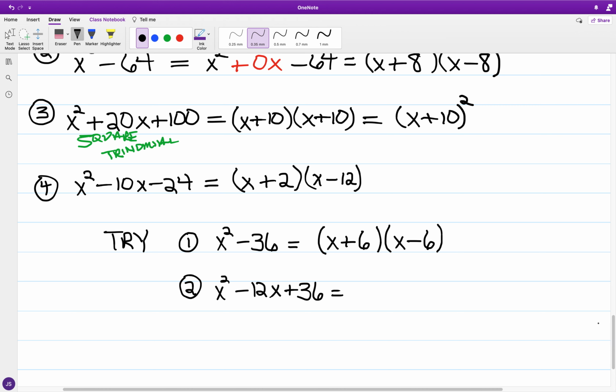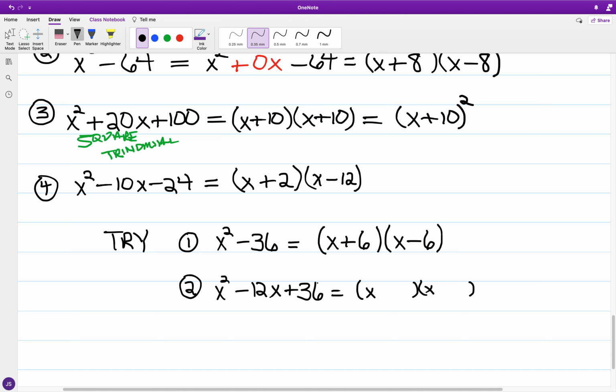Now, for x squared minus 12x plus 36, here, where the first case is a difference of squares, this one is another case of a square trinomial. Now for x squared, this is going to factor out once again to x and x.